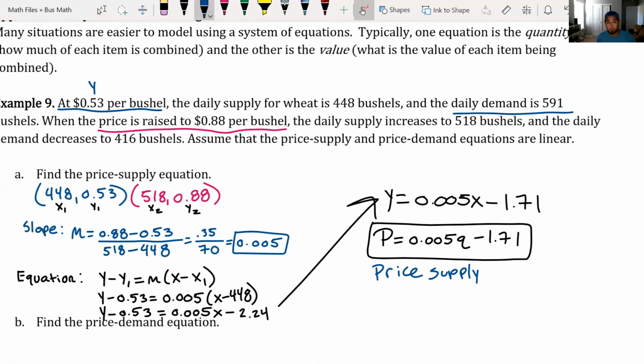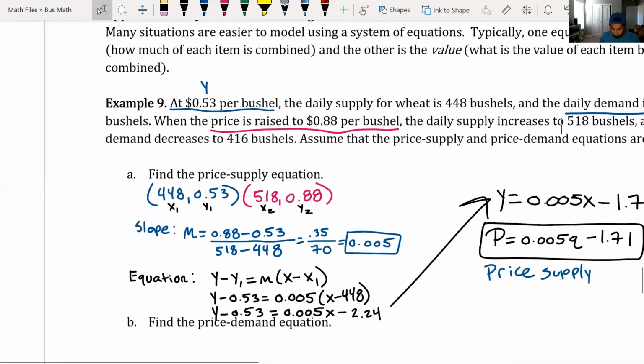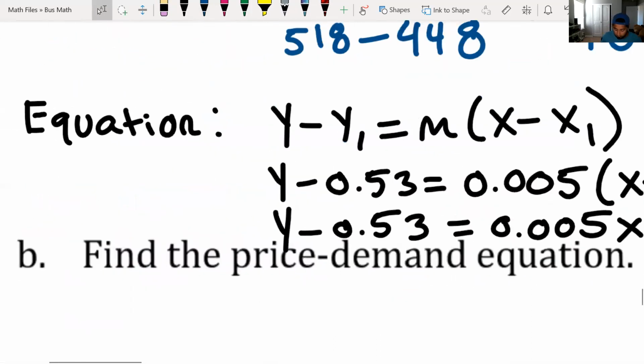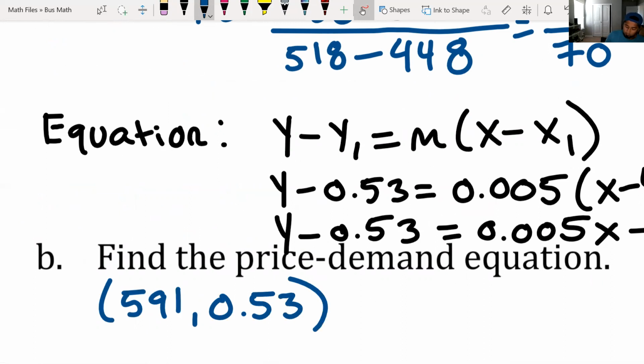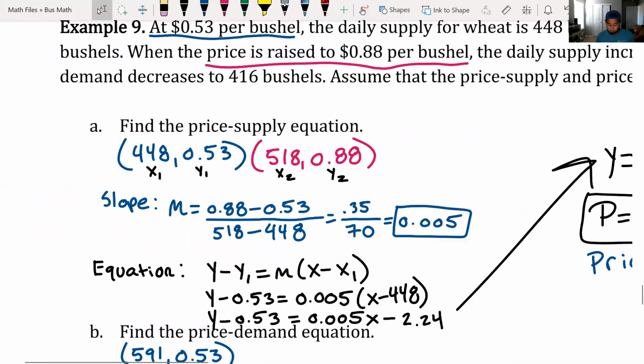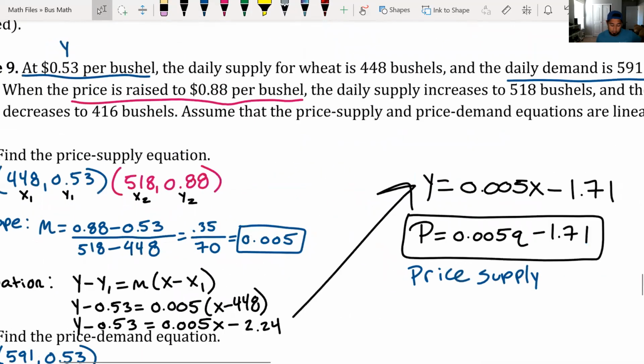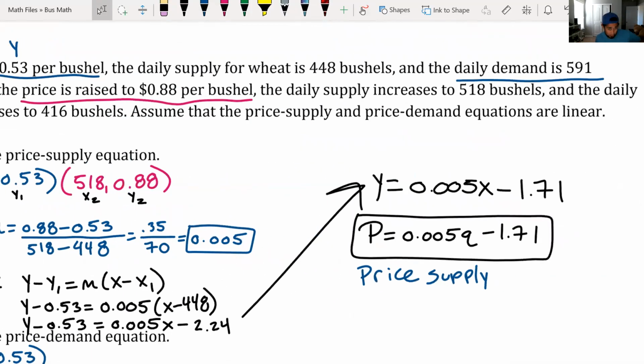There's our first point, 5.91 and 0.53. And then the next one: price is raised to 88 cents per bushel.